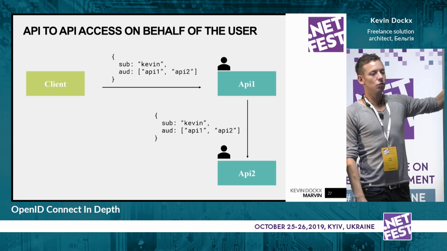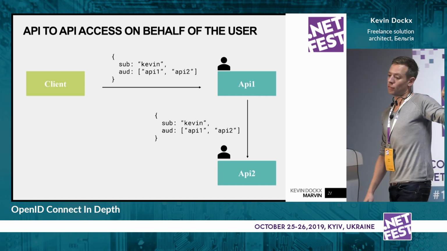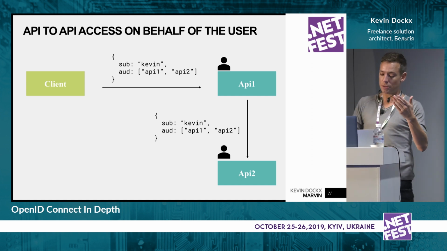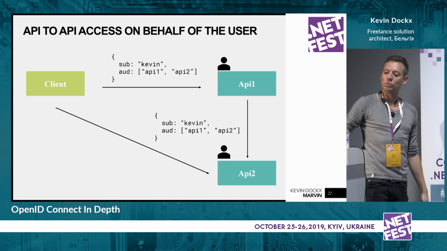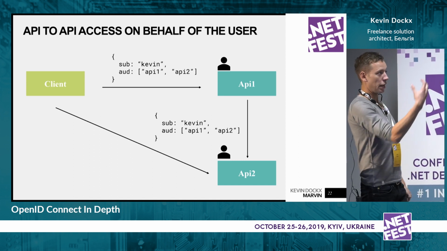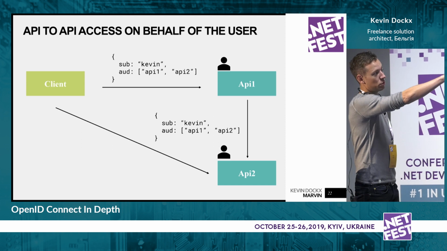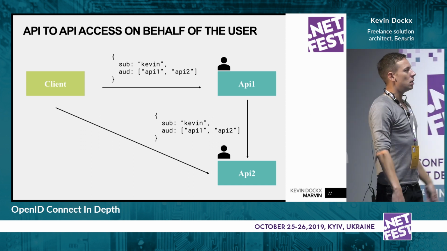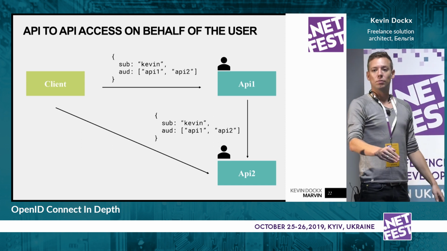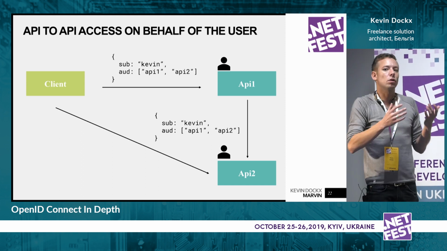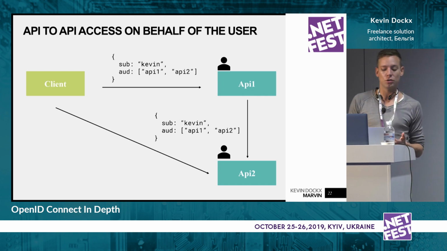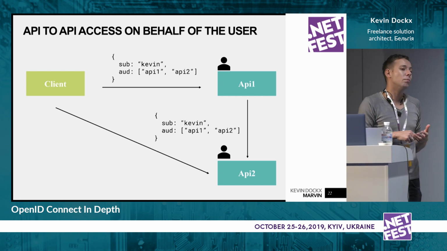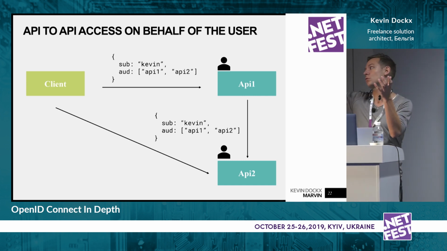Because if you do it like this, you have, maybe on purpose, maybe not, also given your client direct access to API 2. Your client has the access token with audience API 1 and API 2, so the client can access API 2. And often you want to block that. It really depends on your use case, but I'm quite often in the situation where I do not want my client to directly access an API that's further down the line.